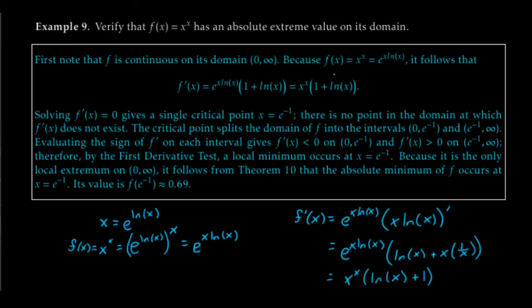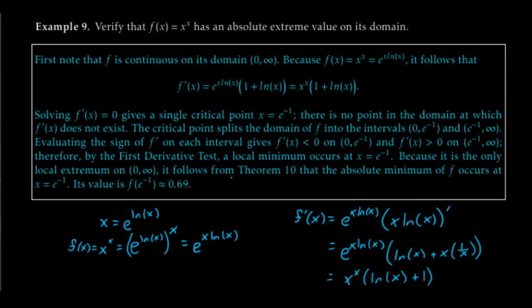All right, fair enough. Now we want to show that f has an extreme value of the absolute variety in the open interval from 0 to infinity. We've got a derivative. We want to find out when f prime of x is equal to 0 to get the critical points. Okay, fair enough.